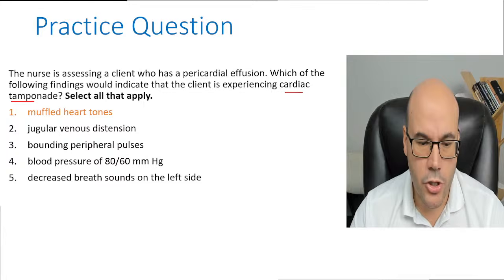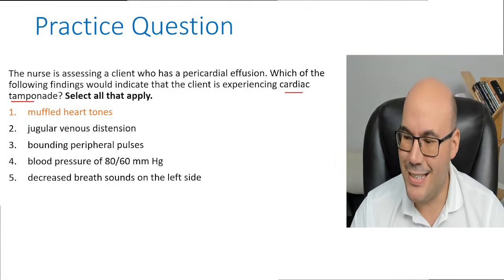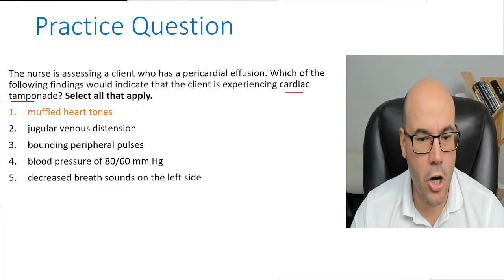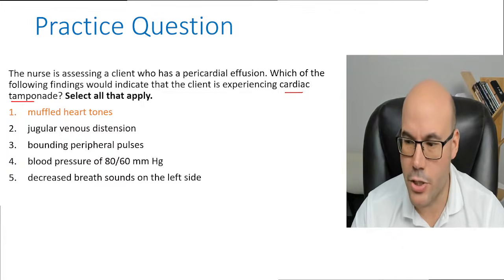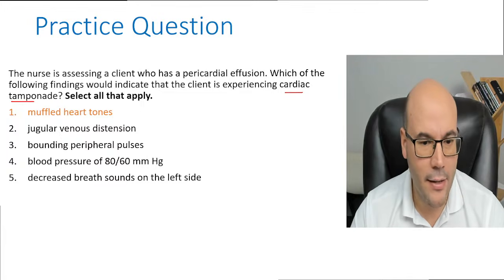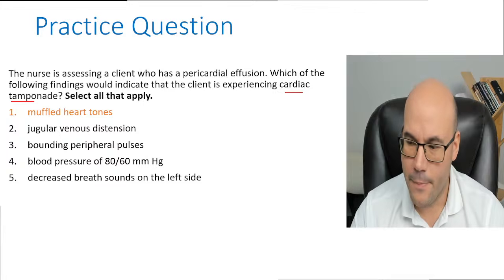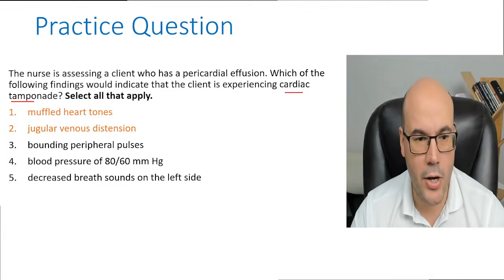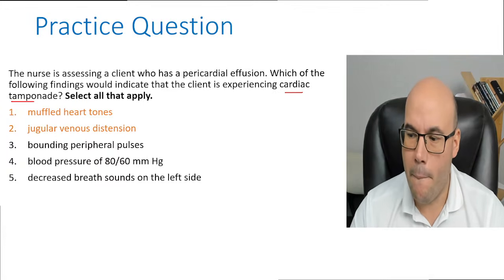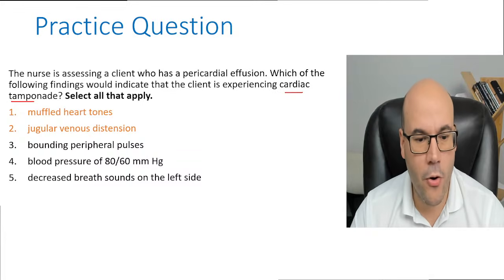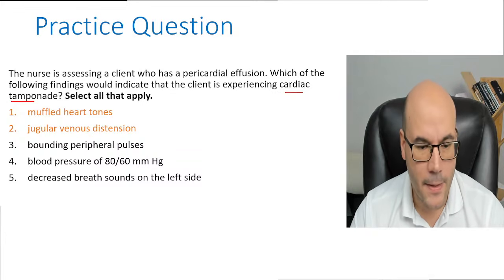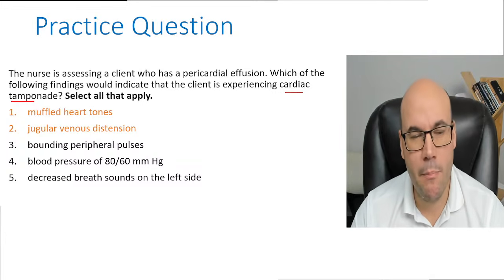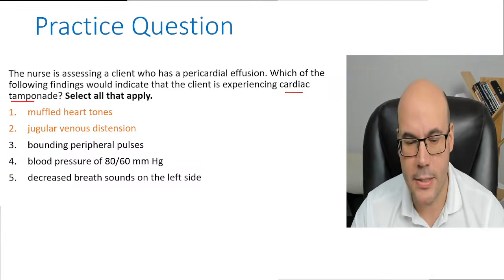Number 2, jugular venous distension. Jugular vein distension. That is another finding. We talked about it. So number 2 is a good answer. Number 3, bounding peripheral pulses. Where can we see bounding peripheral pulses?